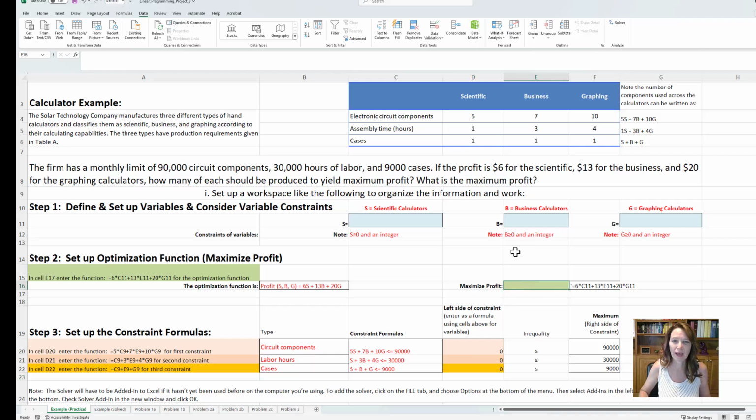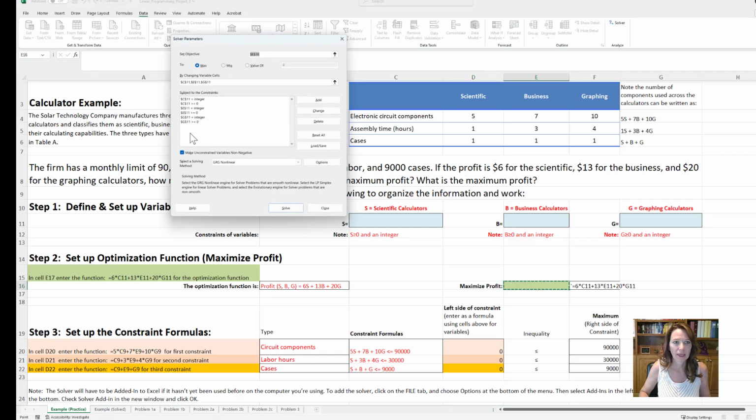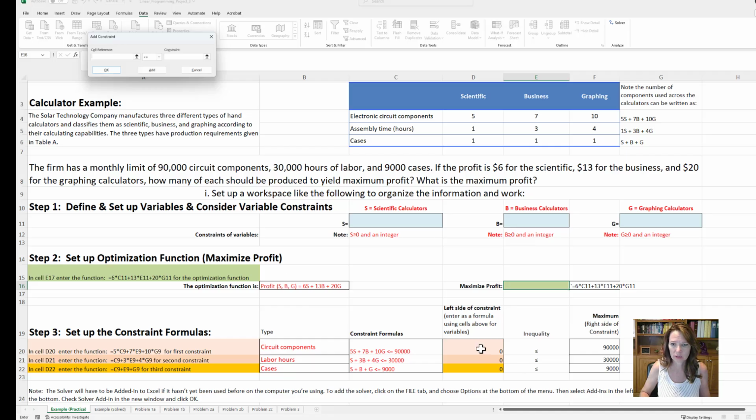Okay, let's go back to our solver and add those 3 constraints. So what I want to do is highlight that first orange cell. Notice that I've got the less than or equal to defaulted, and then the right side is going to be 90,000, or you could type 90,000, or because I already have it in a cell, I'm going to put the cell F20.